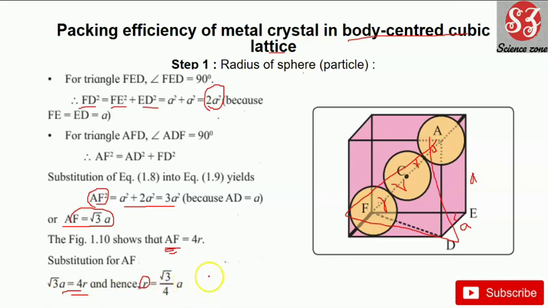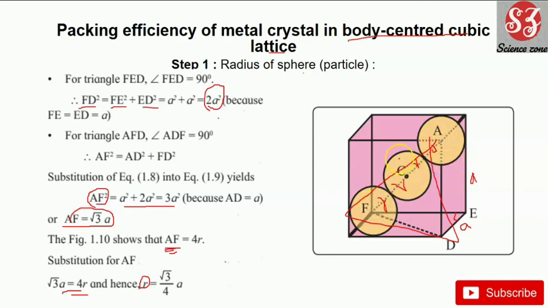Okay, so again I am telling you because it is a little confusing. First you have to find out the length for FD. Once you find out the length for FD, then you have to substitute that value and find out the length for AF. Once you find out the length for AF, that is under root 3A, so this length AF is equal to 4R.